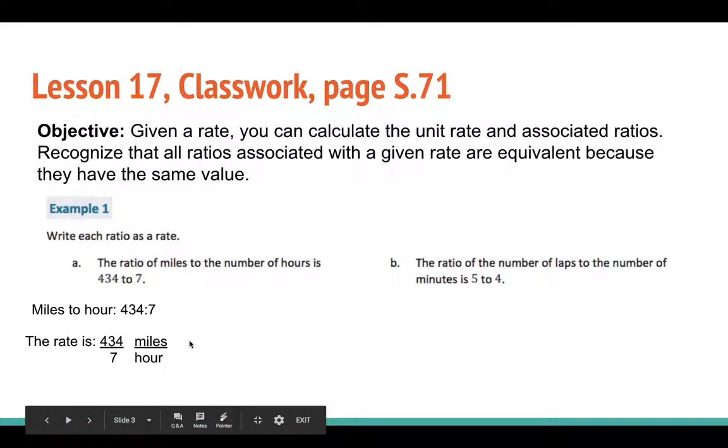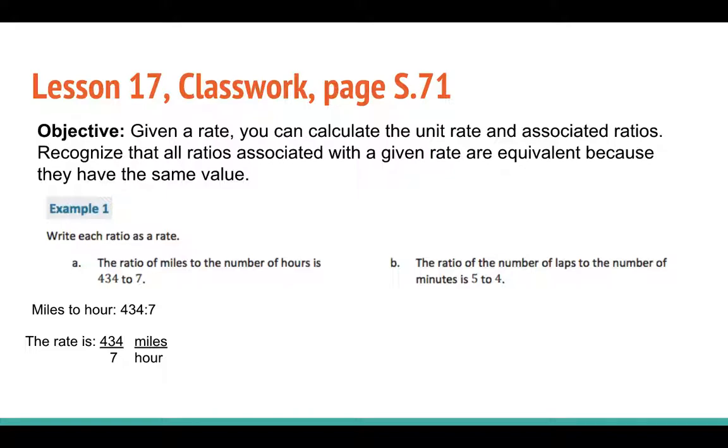So that means in 7 hours, you've driven 434 miles, okay? So now we want to know what the unit rate is. That means how many miles did we go in 1 hour? Like a first hour of driving, let's say we've been driving straight for 7 hours, you're on cruise control, you're driving the same rate the whole time. How many miles did you go that first hour?